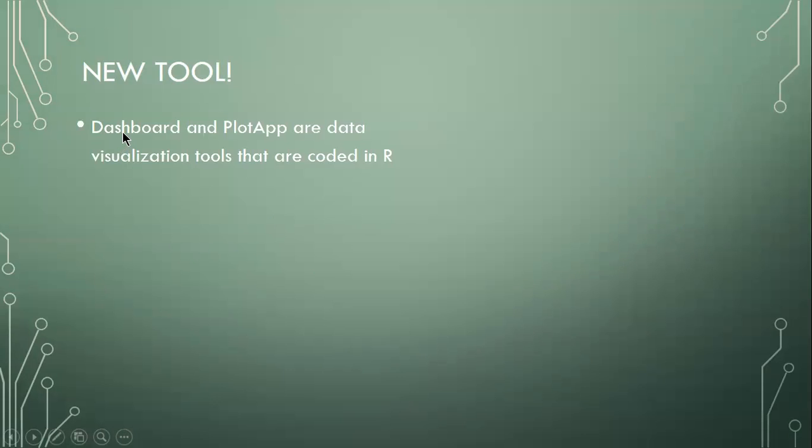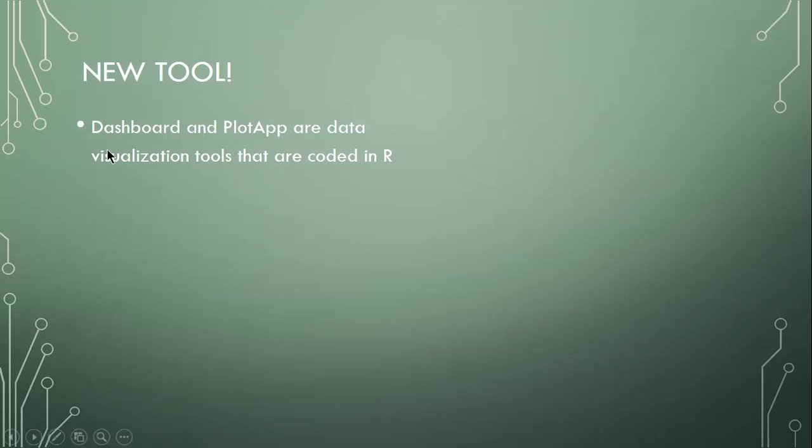So far, we've looked at the dashboard and the plot app. These are both data visualization tools, and they are actually coded using the program R. Now, R is a statistical analysis program, and we can create nice tools like this.